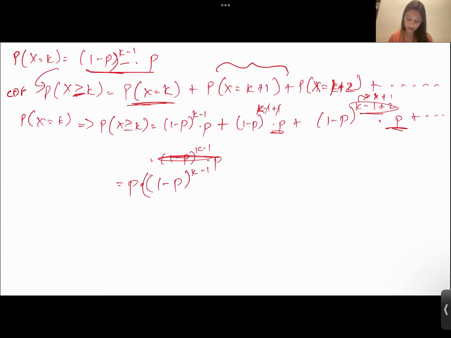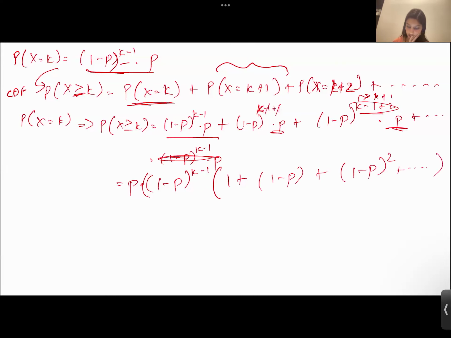Taking it out of the bracket, the first term becomes 1. Plus you have (1 − p) to the power k, and since you've already taken k minus 1 out, here you'll just have (1 − p), and then (1 − p) to the power 2.